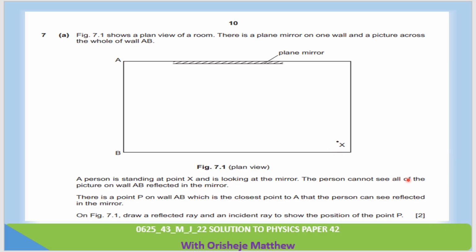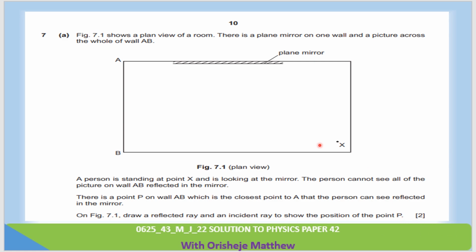The person cannot see all the pictures on the wall AB reflected. So there is a point P on the wall AB, which is the closest point to A that the person can see reflected in the mirror. So draw a reflection ray to do this.